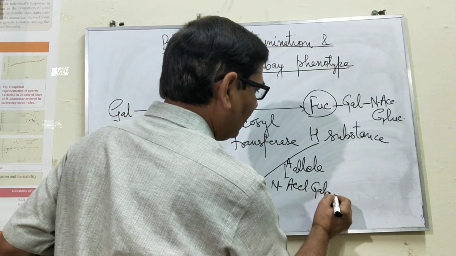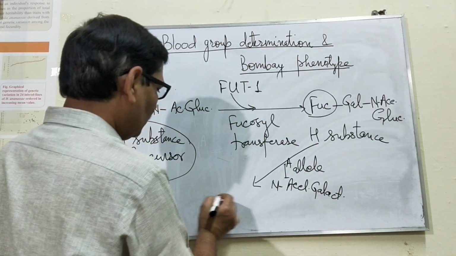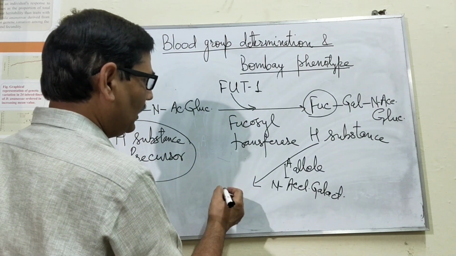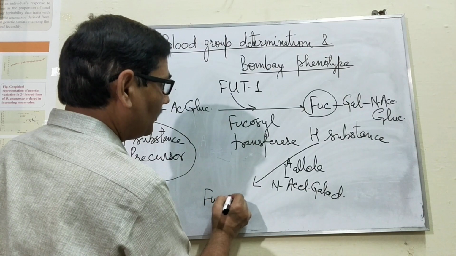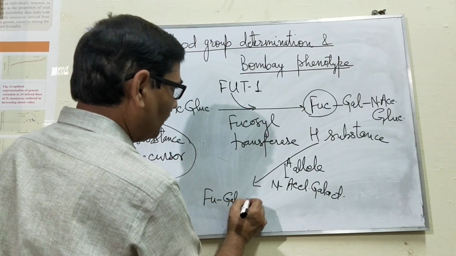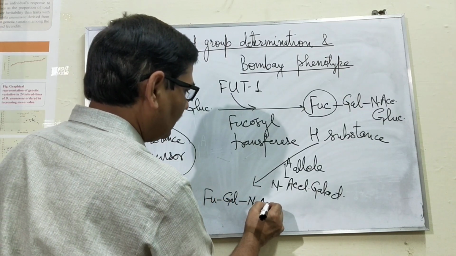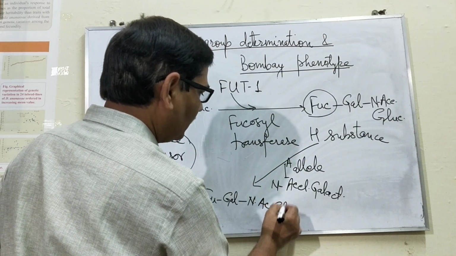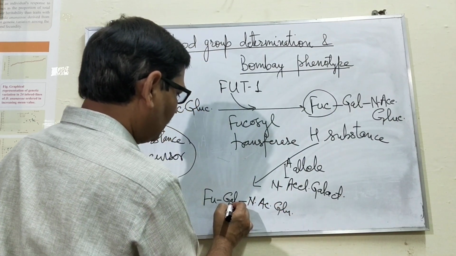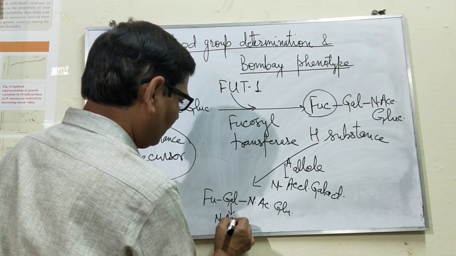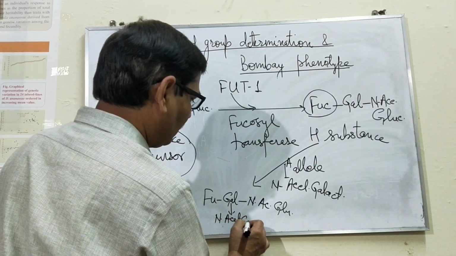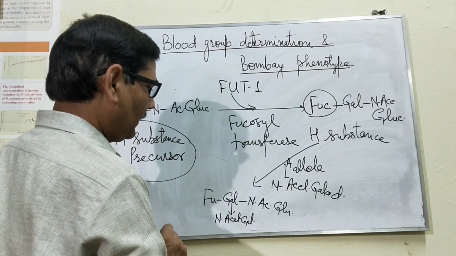So the individual's blood will have this fucose plus galactose plus N-acetyl glucosamine, and along with this, N-acetyl galactosamine gets added.